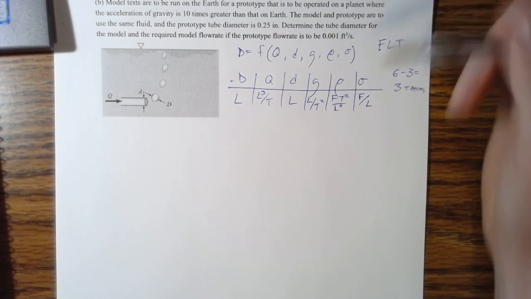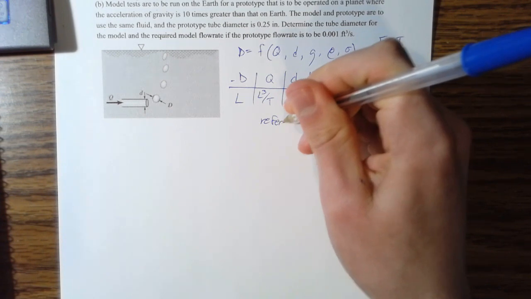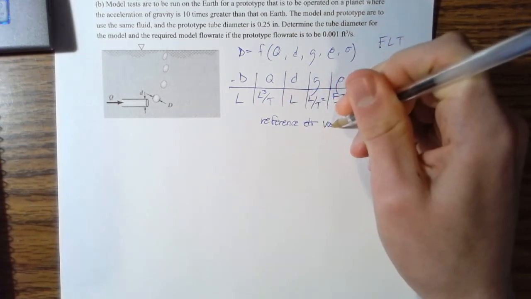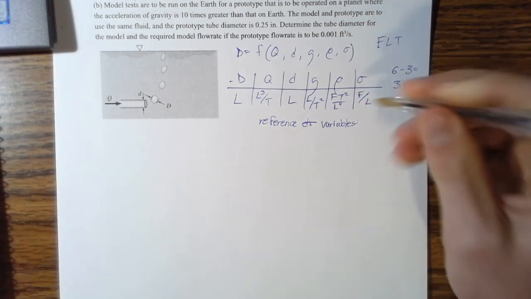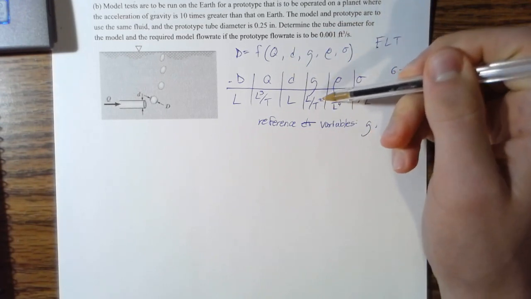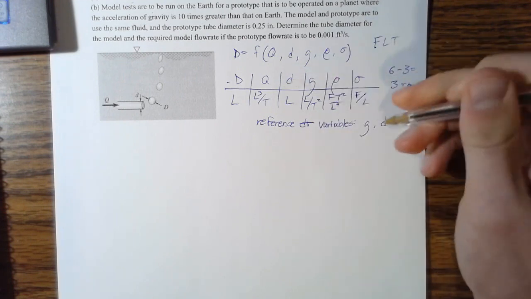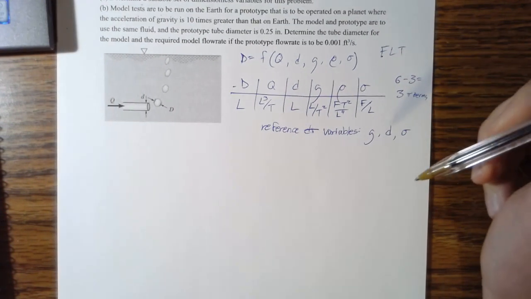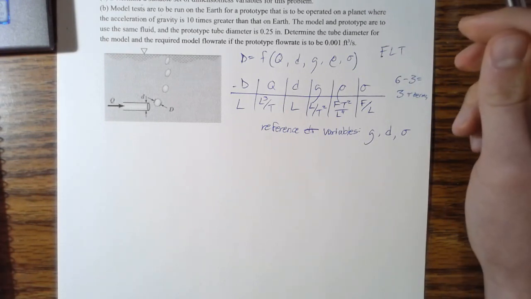In this case, I chose gravity for our time, then this diameter d for our length, and then to represent force, we use sigma. Those just seem to be the easiest.